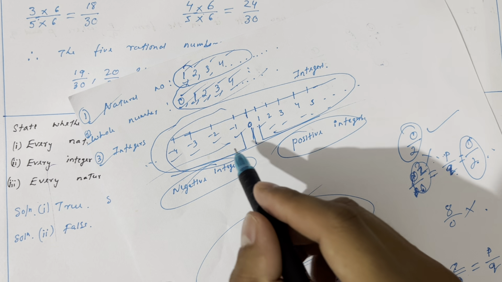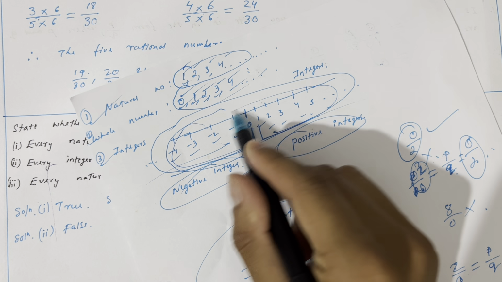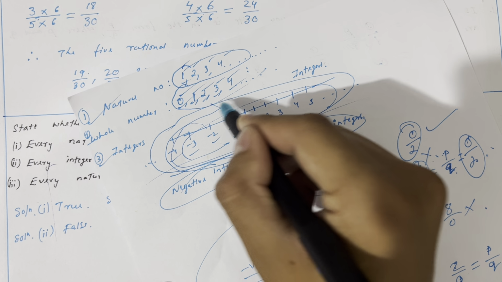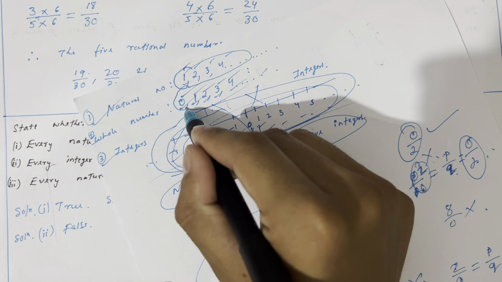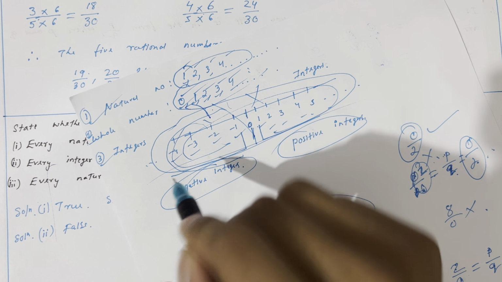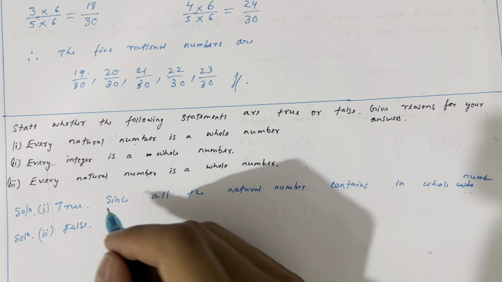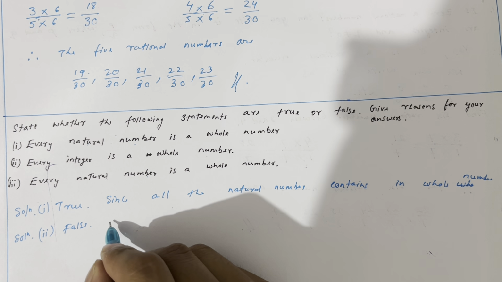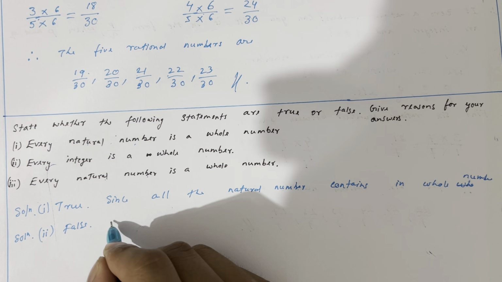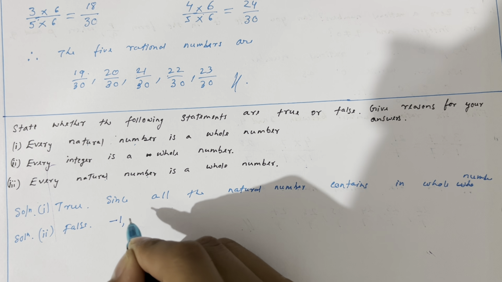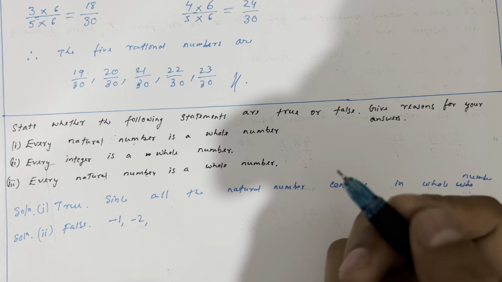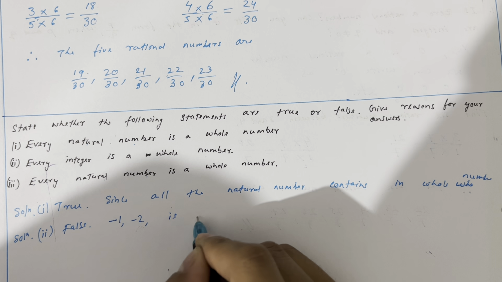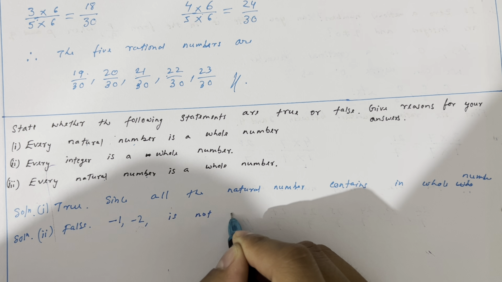See what I'll explain now. Is every integer a whole number? No, this is wrong. Actually, every whole number is an integer. Now you write here, for example, -1, -2 is not a whole number.